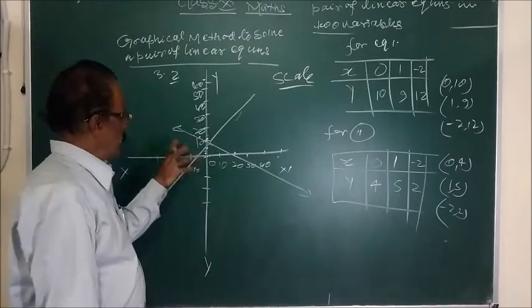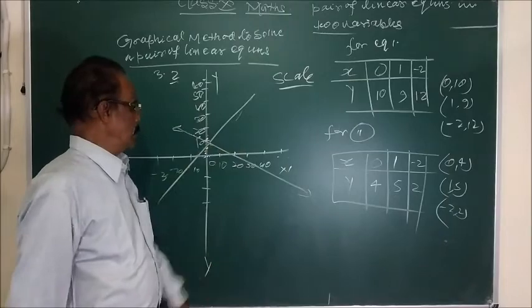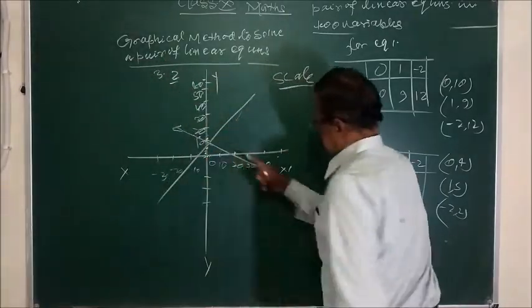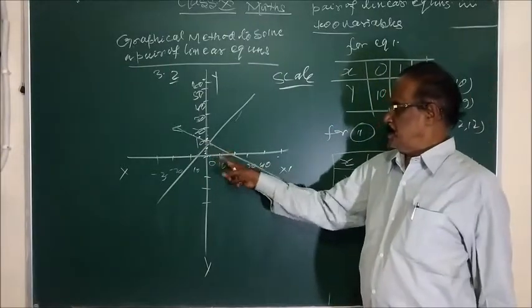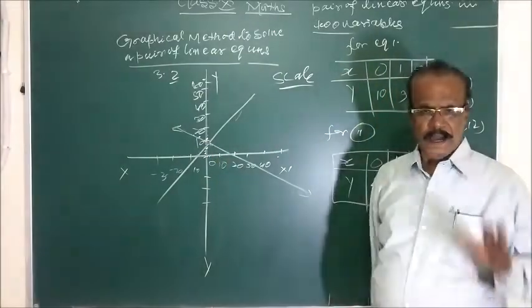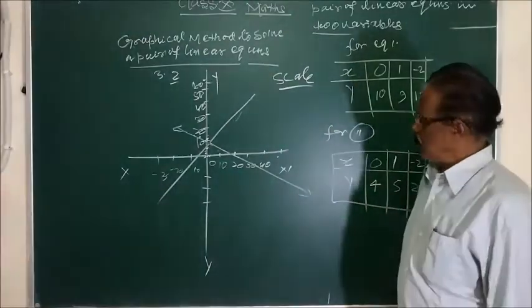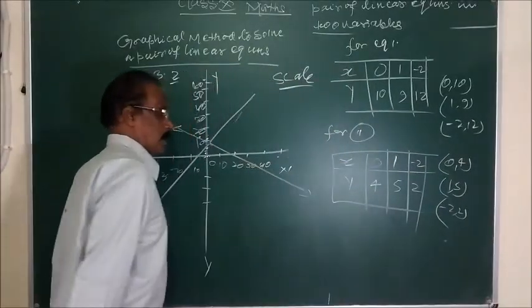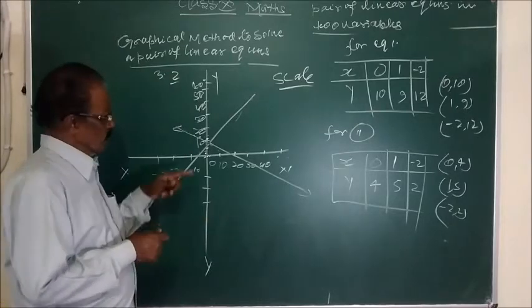If you draw the graph, you can find the point of intersection of these two lines. The point of intersection will give the number of boys on the x-axis and the number of girls on the y-axis. This is called the graphical method to solve a pair of linear equations.